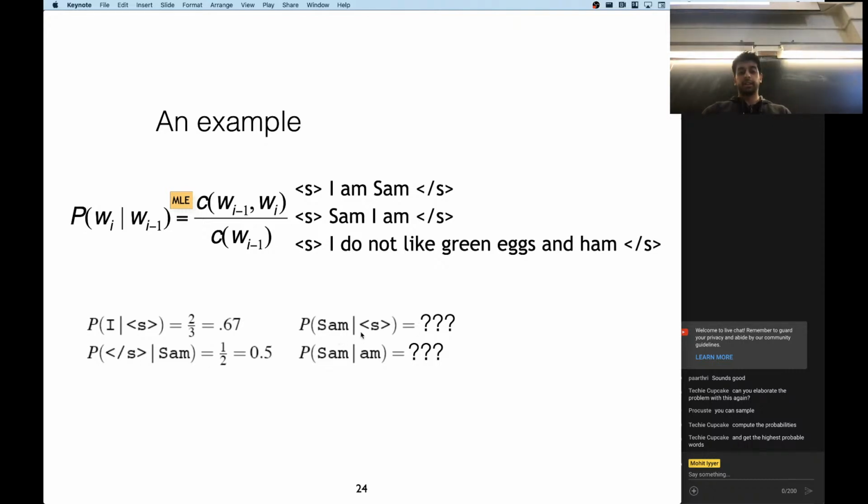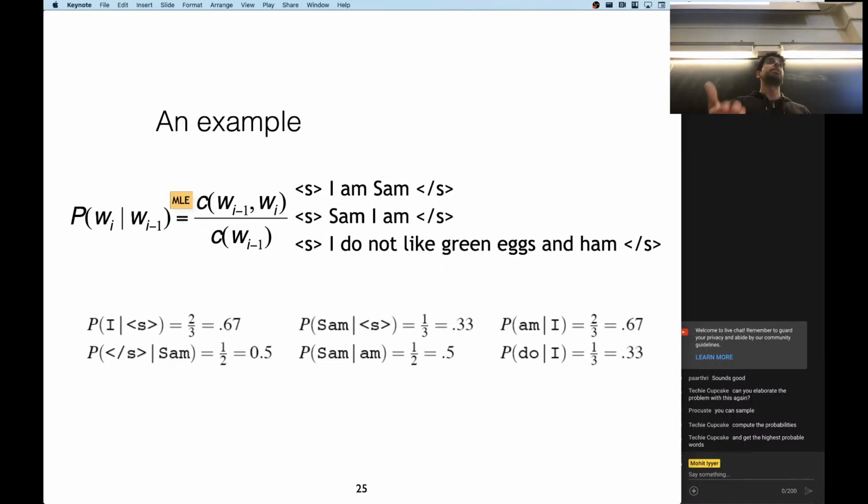Okay, so let's do this as an exercise. What is the probability of Sam given the start of sequence? 1/3. Okay, so I have 3 start of sequence tokens, and only after one of them do I observe Sam, so this probability is 1/3. Great, so you could do this for all of the different combinations that you observe in this data.